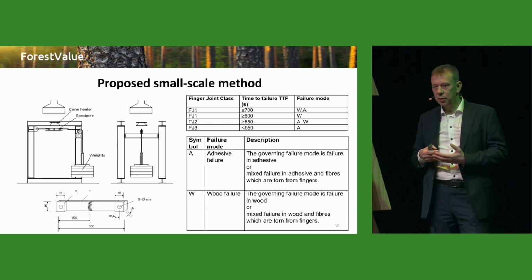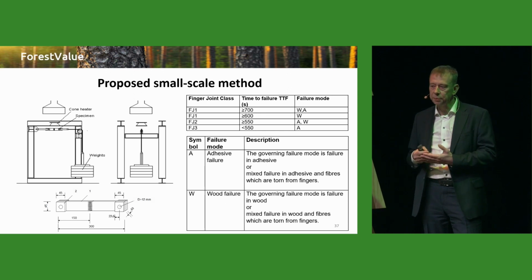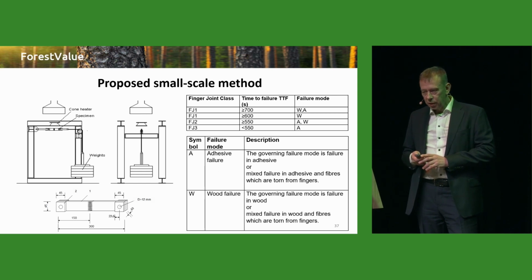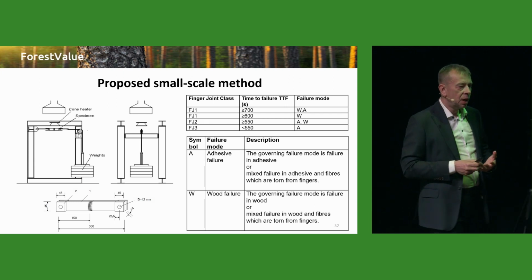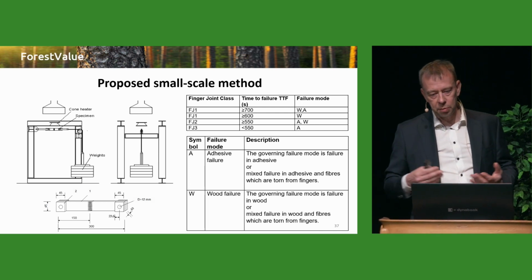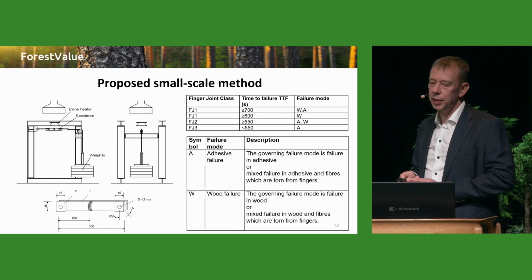So this finger jointed tension static loaded method could be a good method to predict the adhesive behavior in fire, and we are able to predict the behavior in the furnaces. So this method is at the moment also proposed for the Eurocode 5 Part 1.2 as one possible method for assessment of the bond line integrity.